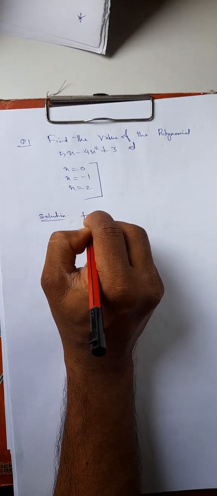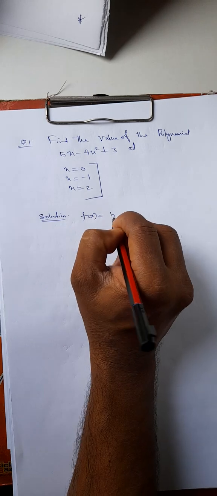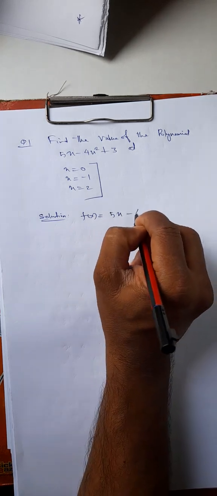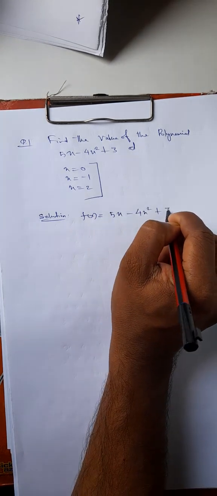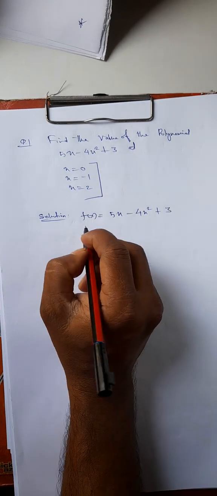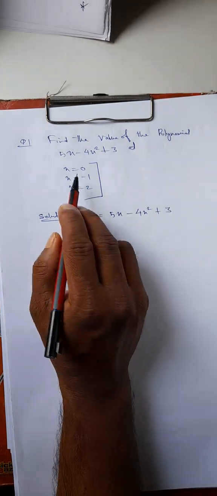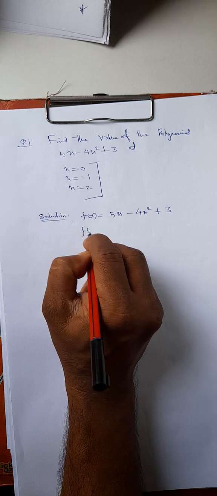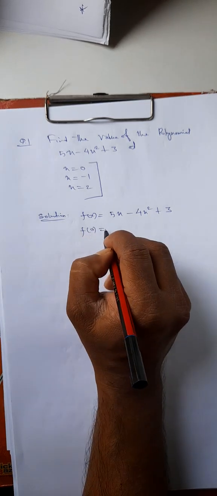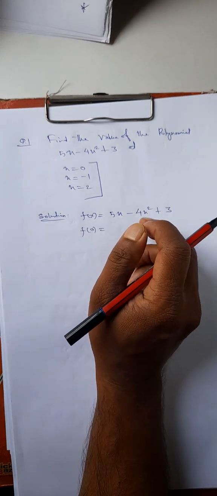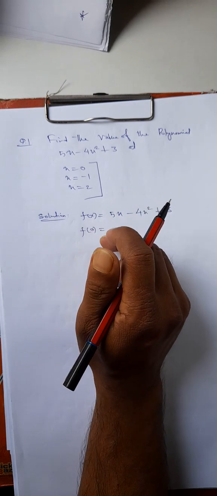We assume that f(x) equal to 5x minus 4x square plus 3. This is a polynomial. Now we have to find the value of this polynomial at x equal to 0. That means you find f(0). f(0) means value of the polynomial at x equal to 0.